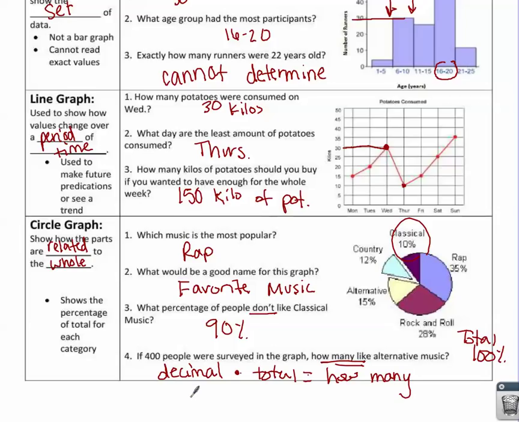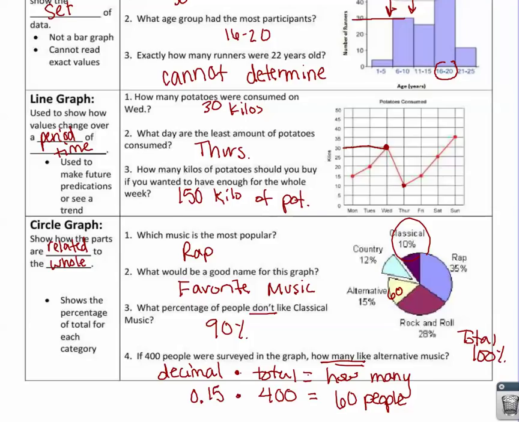So for example, 15% is going to be 15 hundredths times my total of 400 people surveyed. And once you multiply this out, you get 60 people. So 60 people is the same thing as 15% of 400.